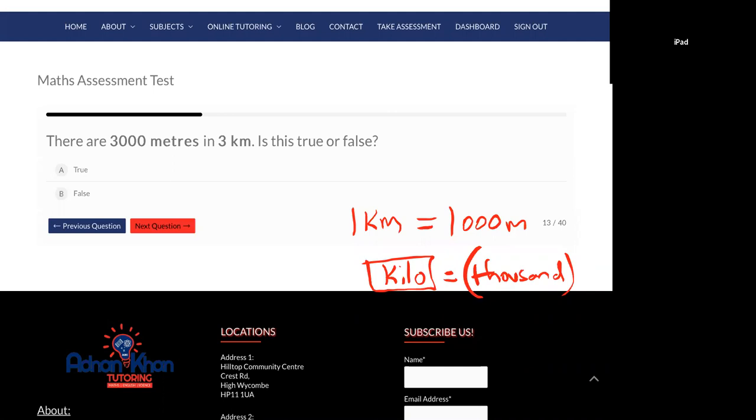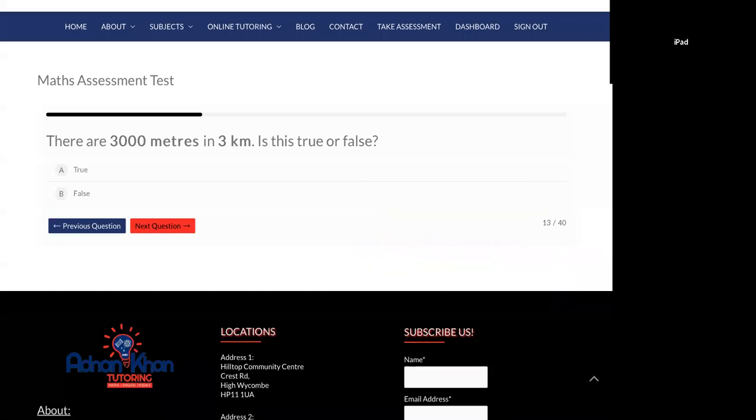So same as here. Kilometers and meters cover distances. So 1 kilometer is equal to 1,000 meters, and the question states 3,000 meters, and that will be 3 kilometers. So yes, you're right there, Lisa. Good working out there. So let's go for true there.